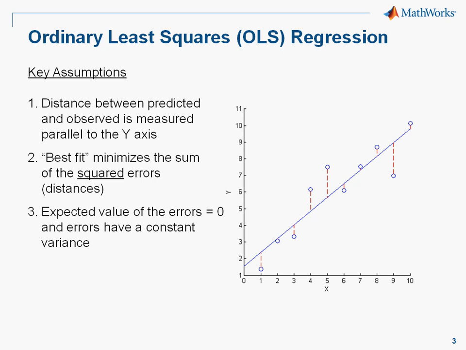The last assumption has to do with the nature of the error term. Ordinary least squares assumes that errors have an expected value of 0 and that they exhibit constant variance. There are a lot of cases where this doesn't hold true. One classic example is when you are measuring counts or estimating odds. In cases like this, you might prefer to use techniques like Poisson regression or logistic regression.